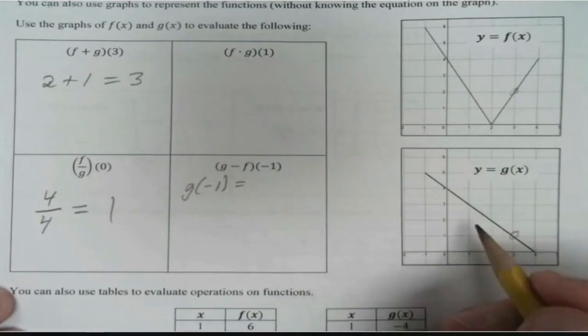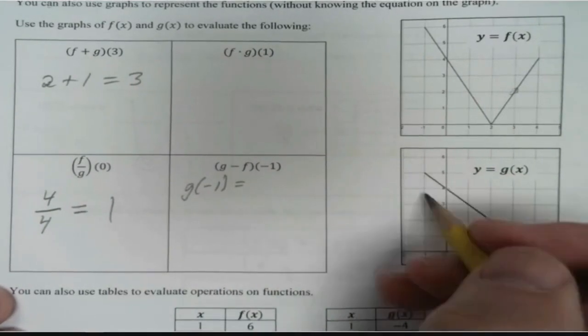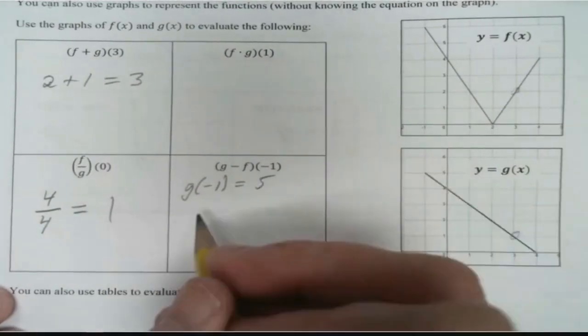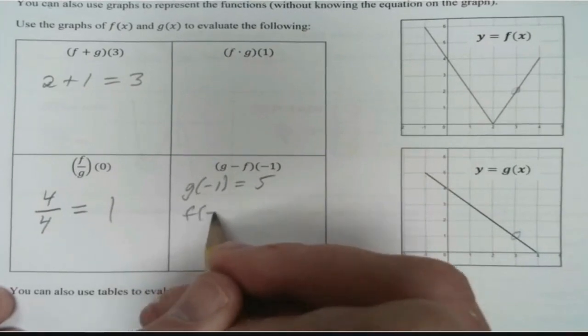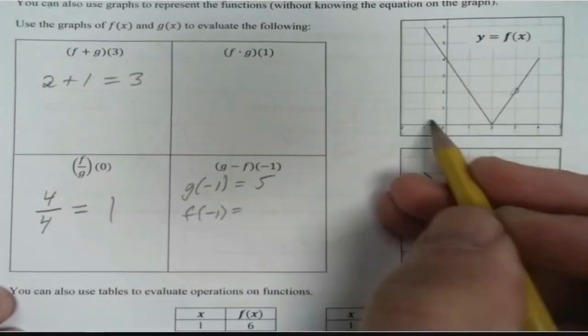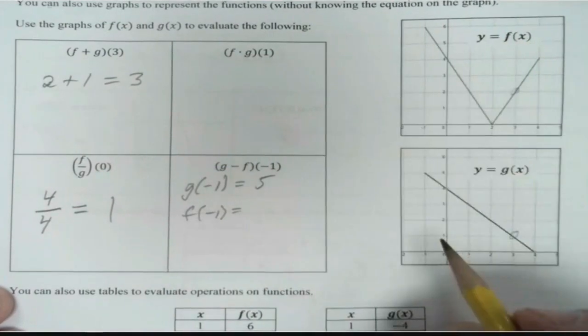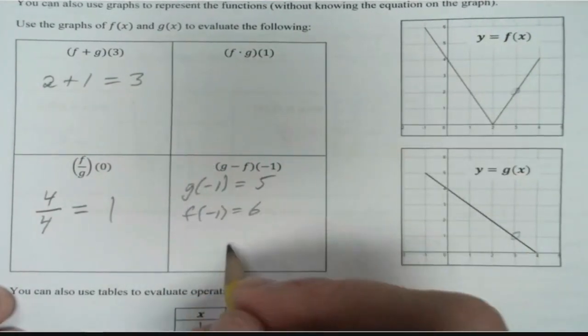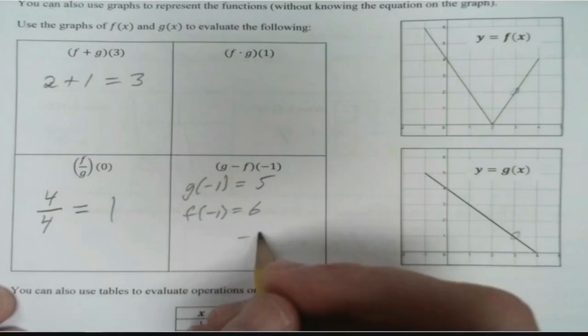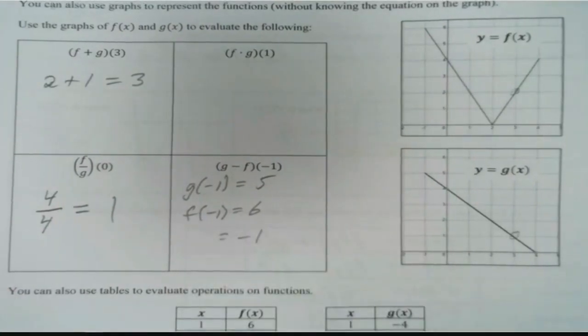Or, I'm sorry, yeah, it's 5. And then f of negative 1 equals 6. So g minus f is negative 1. A couple of you guys are on top of that quickly.